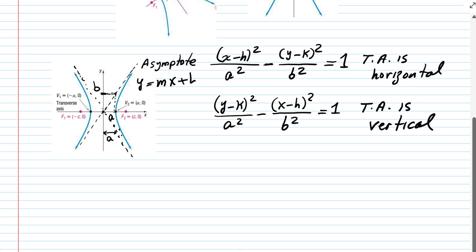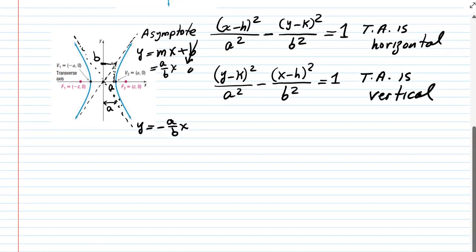Because b is 0, going through the center. And m is the slope of a line, right? Which is the ratio of rise to run. That's going to be a over b x. For this other asymptote, it's going to be negative a over b x. But again, we don't need to memorize these formulas. I get all this information from the graph of the hyperbola.